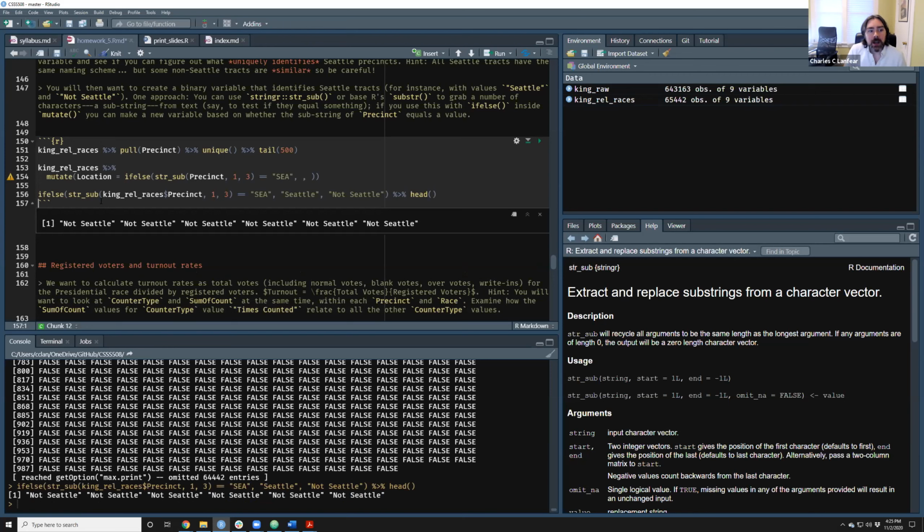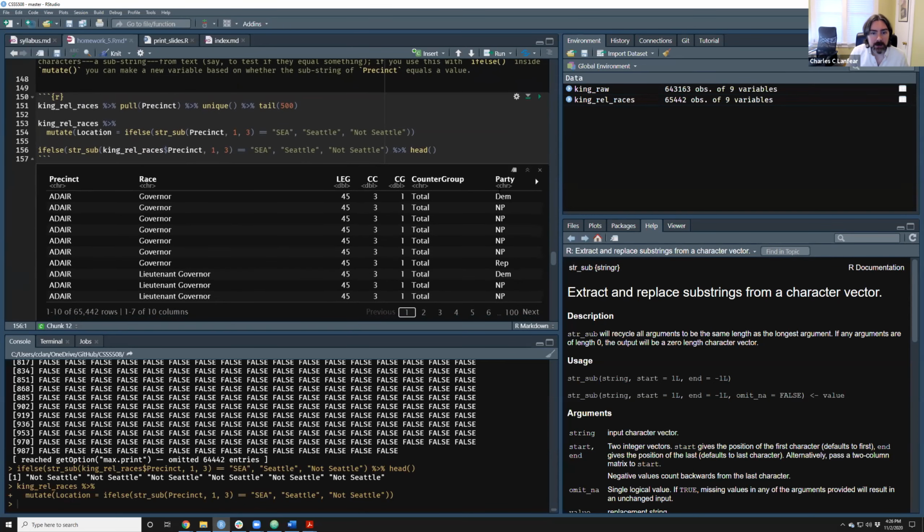So what this has done is, if you remember, all the first rows are basically Adair. So it's going to test whether the string sub first three letters are equal to SEA. If they are not, it's going to return not Seattle, as it did here. If they are equal to SEA, it would have returned Seattle. So I'm going to put this up in here.